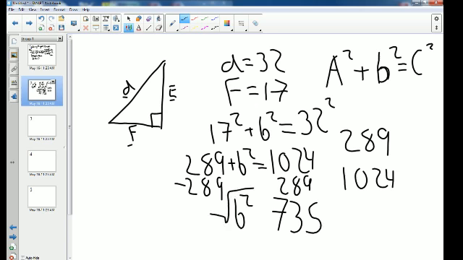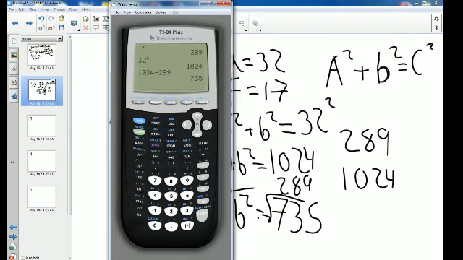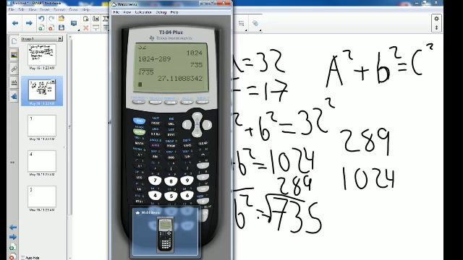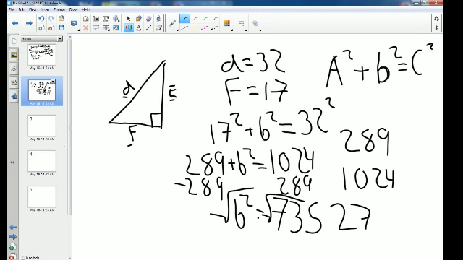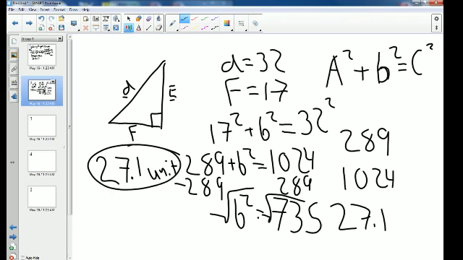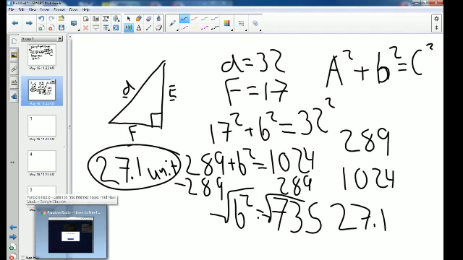Then to find b, we need to square root both sides. The square root of 735 equals 27.1, and that is the length of E. Alright, that's how you find the sides.